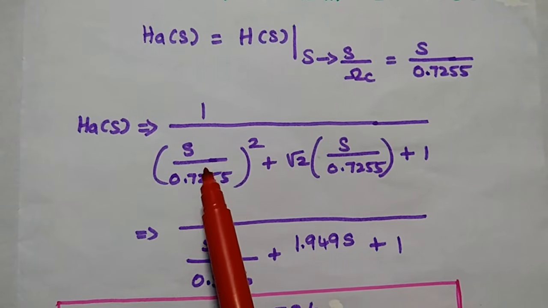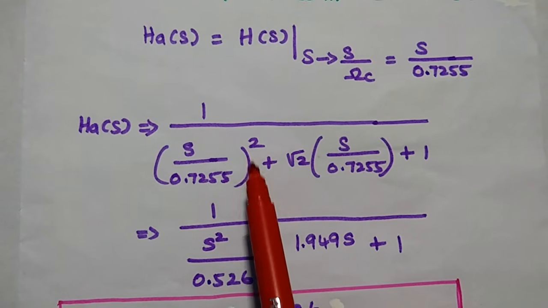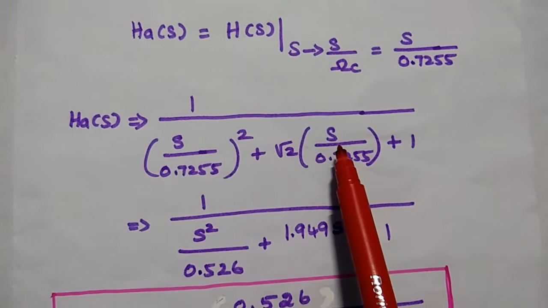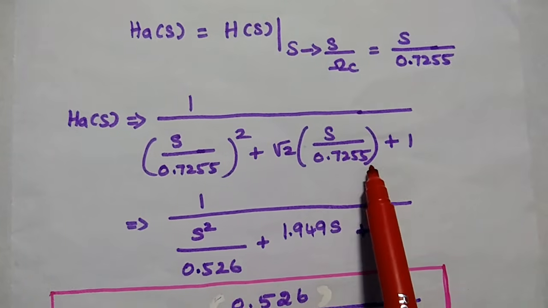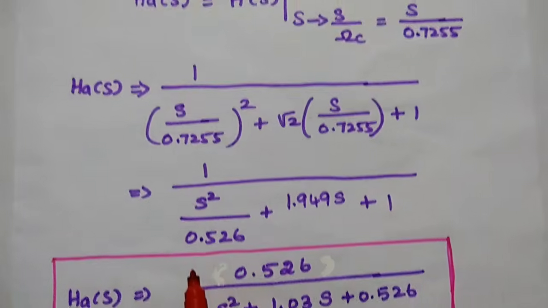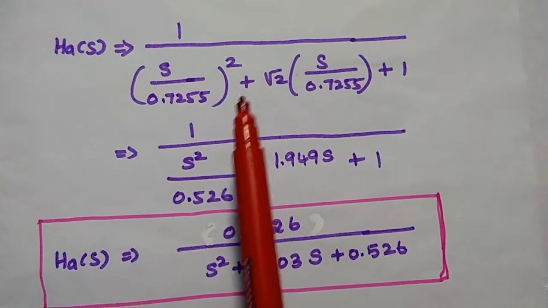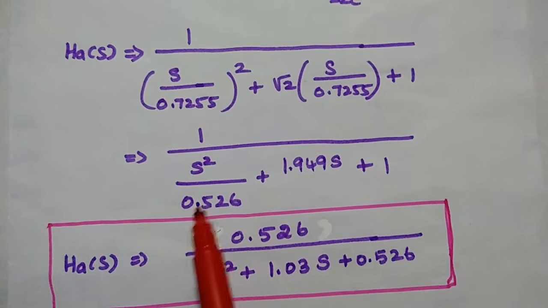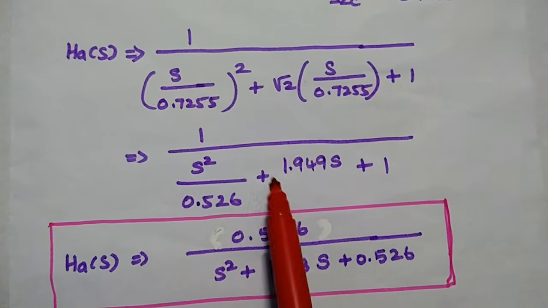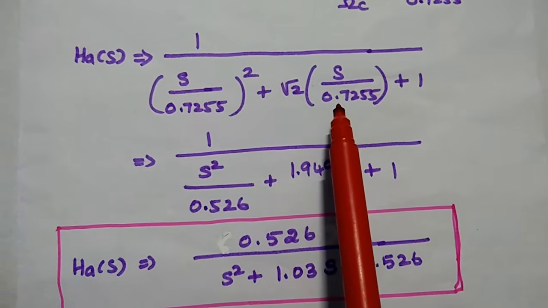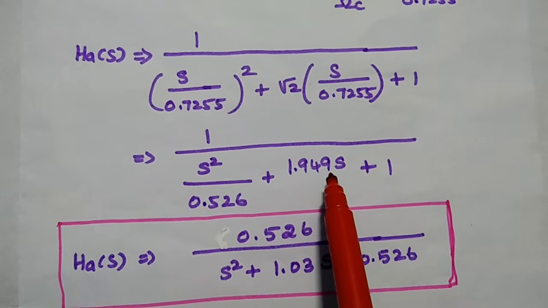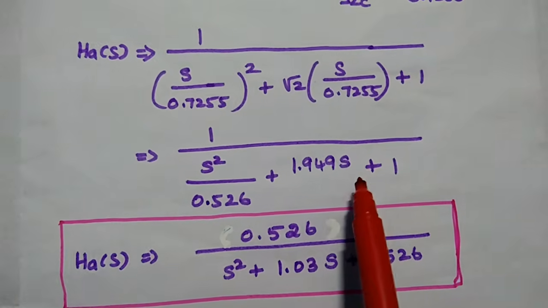So here it is 1 divided by (s divided by 0.7255) the whole square plus square root 2 of s divided by 0.7255 plus 1. Then we can take the square values here. So s squared divided by 0.7255 squared is nothing but 0.526, plus square root 2 divided by 0.7255 value is 1.949 s, plus 1.